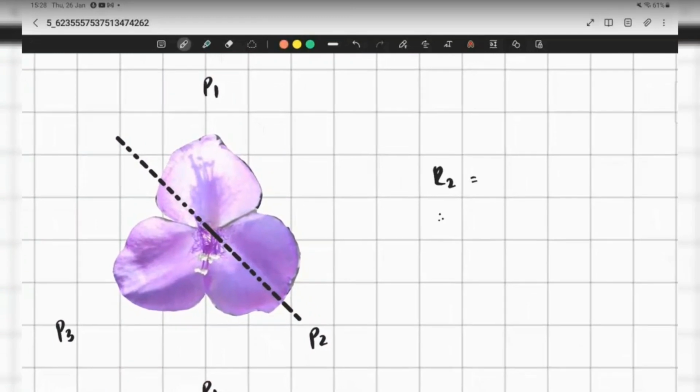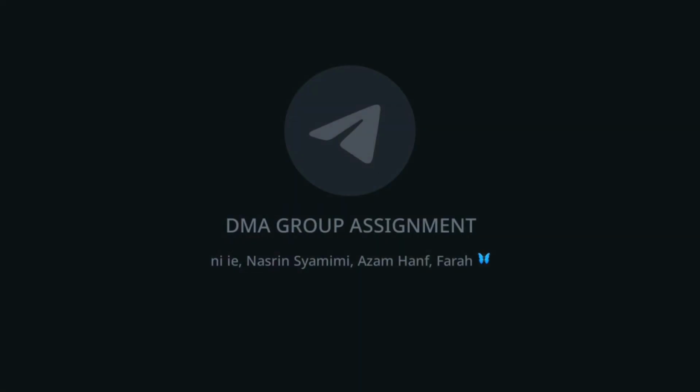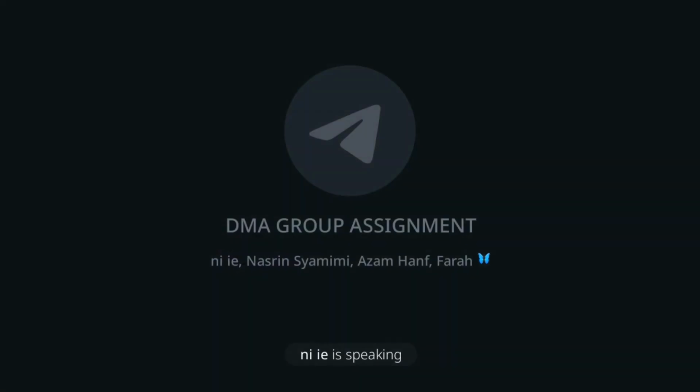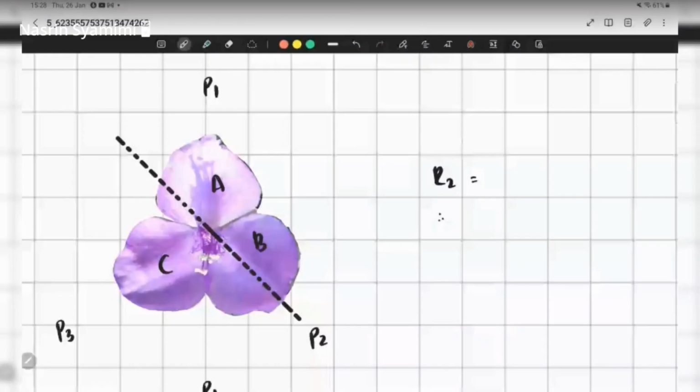For this one, there are 3 petals A, B, C, and the pairs when they fold, they can meet each other.